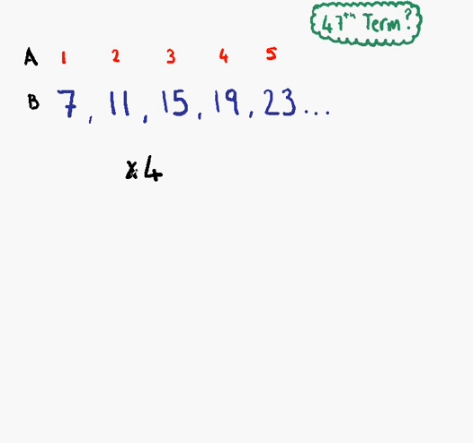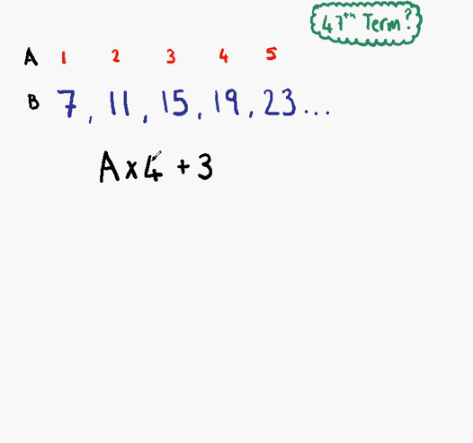So we multiply by 4 and then we add 3. But what is it that we are multiplying by 4? Well, it's the term numbers that we are multiplying by 4. We know that this list is called A, so it's A times 4.